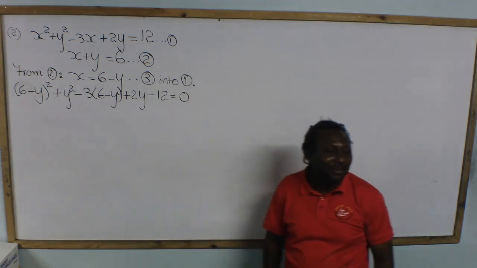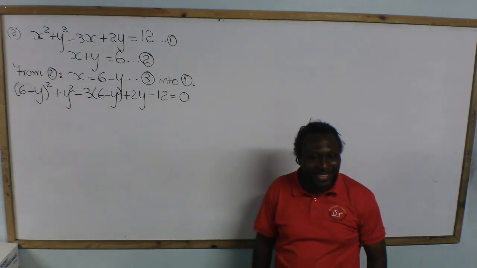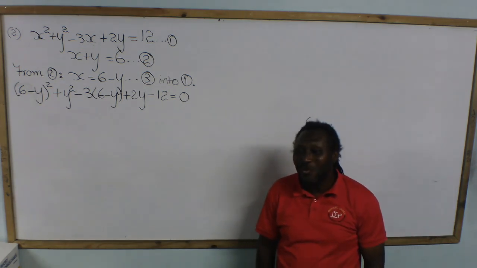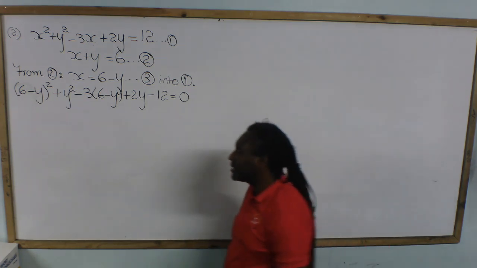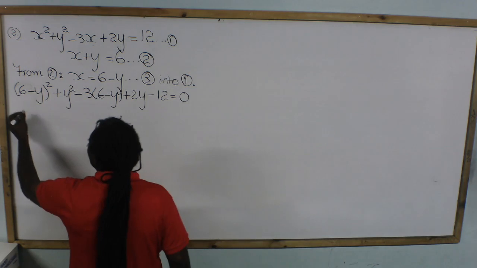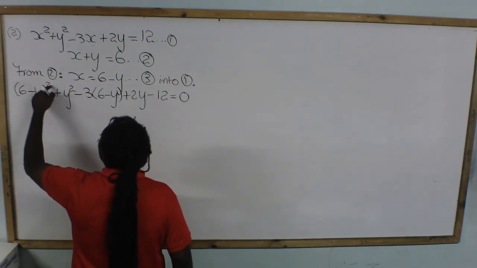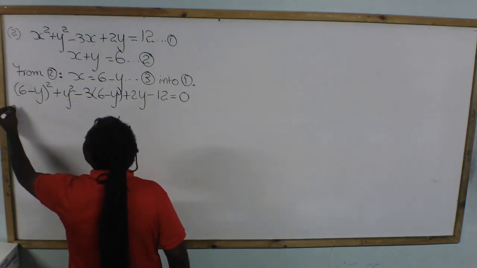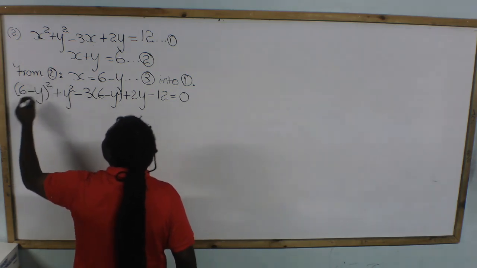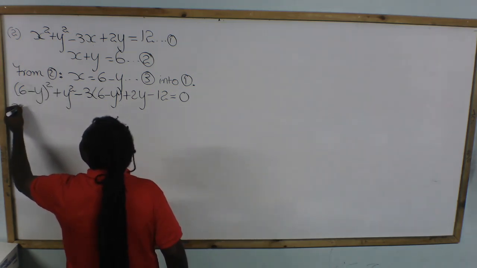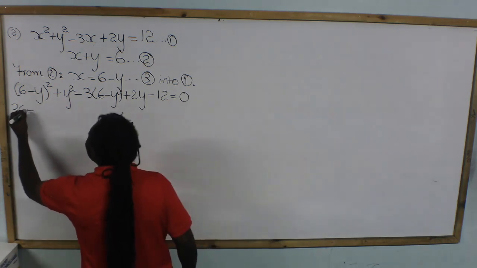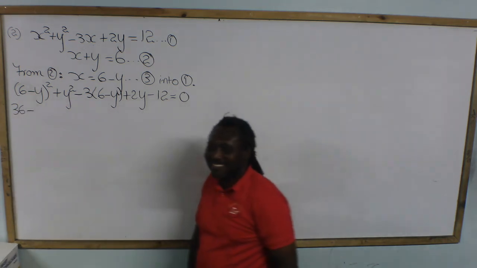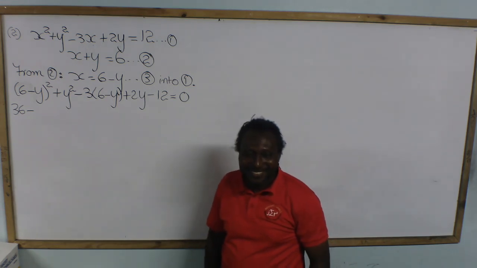Everything will be accumulated on the left hand side to give you a very short and spicy quadratic equation. So let's expand the brackets. What do we have? Now, see the square? Let's go. 36. I like that. Minus. Plus what?